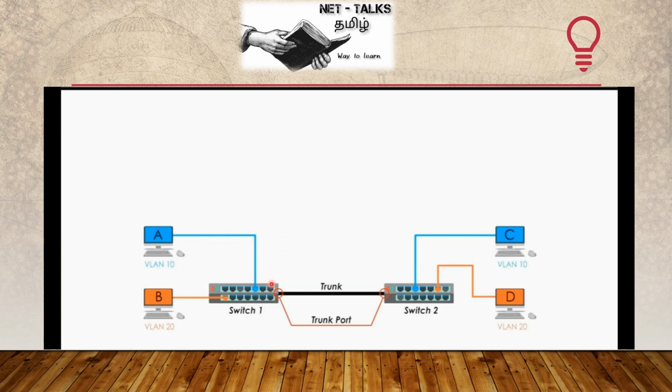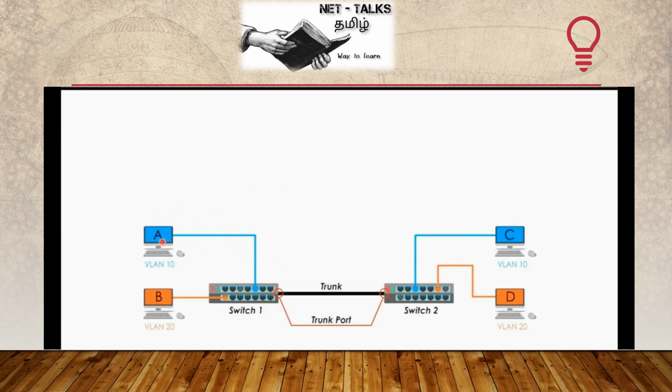In the trunk, I need to enable 802.1Q and inter-VLAN routing. We will see the router on a stick concept in upcoming classes, how by using a router we can enable router on a stick and inter-VLAN routing.